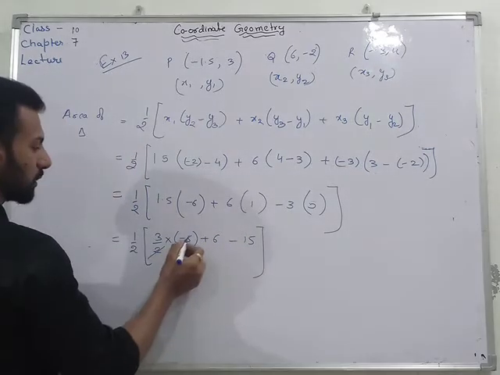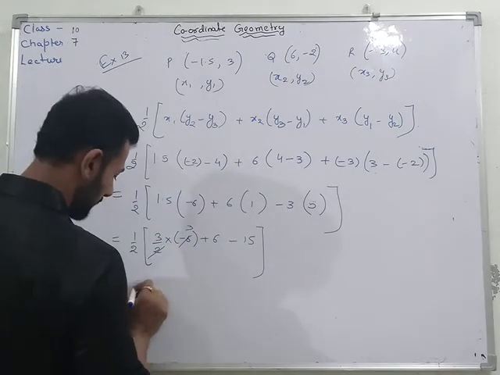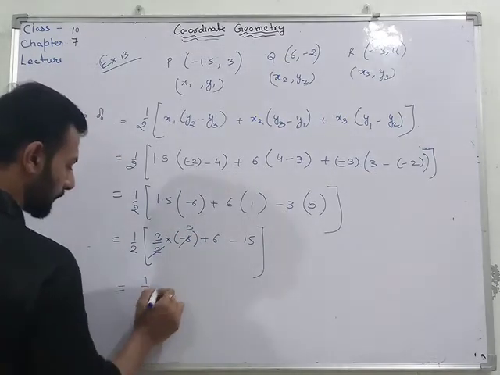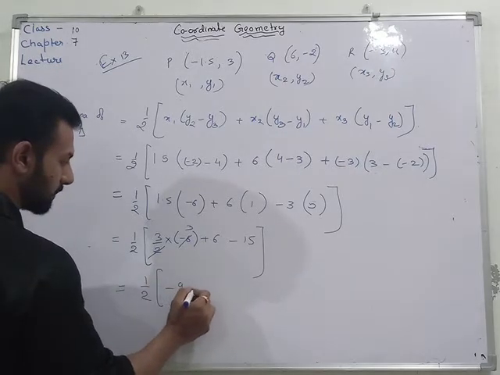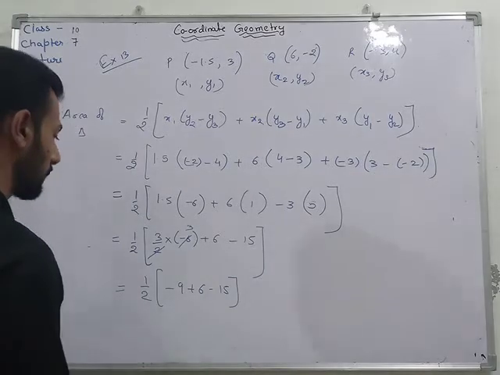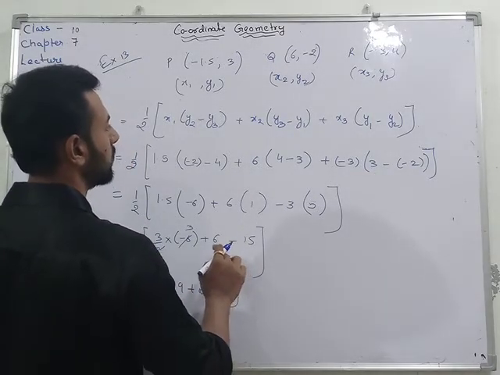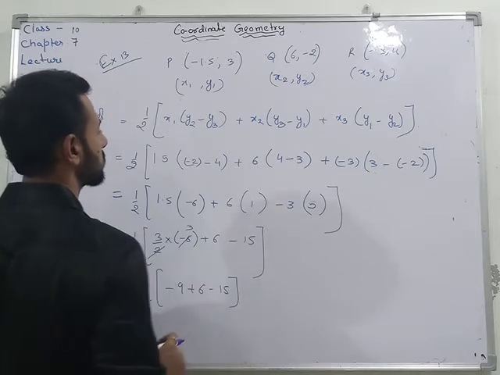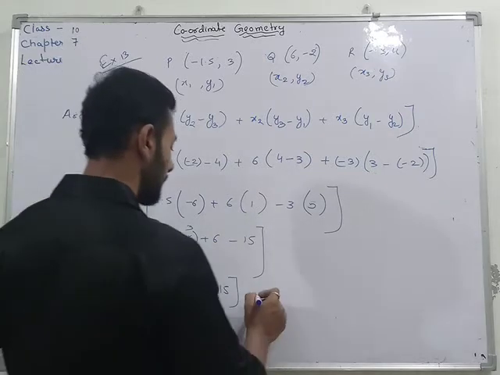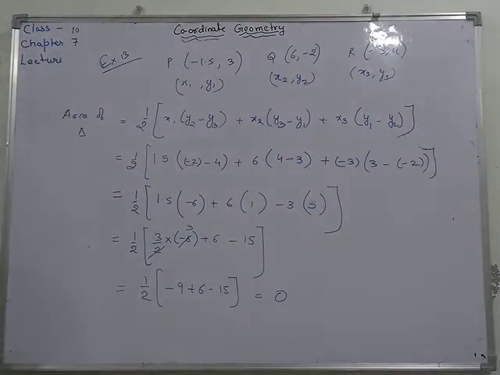The 2 will get cancelled out, so this will be 3 into 3, minus 9. 1 by 2 into minus 9 plus 6 minus 15. On solving, we are getting 0.